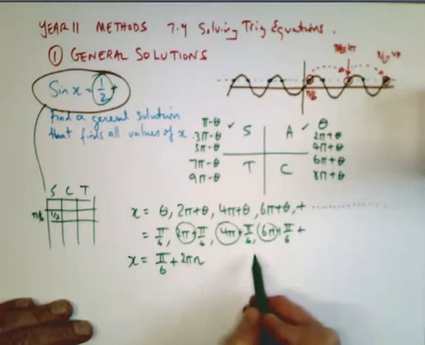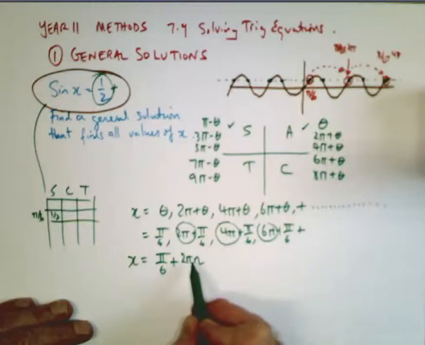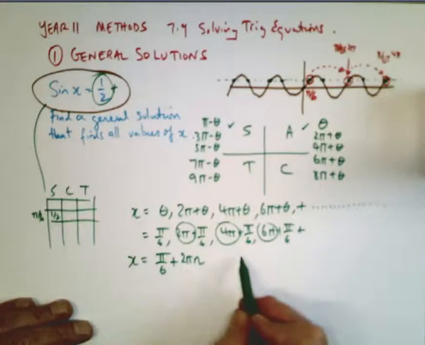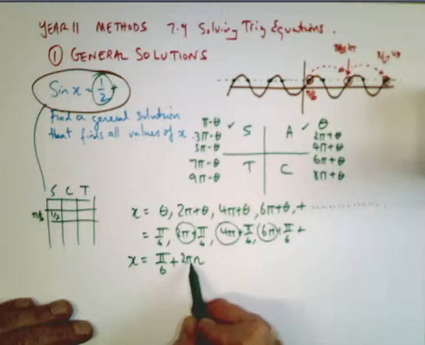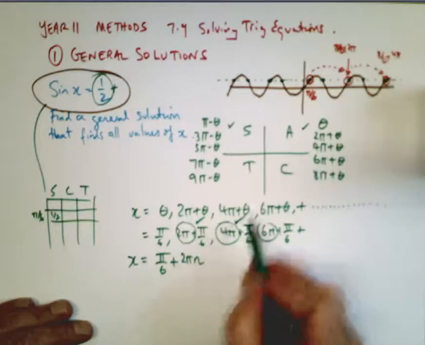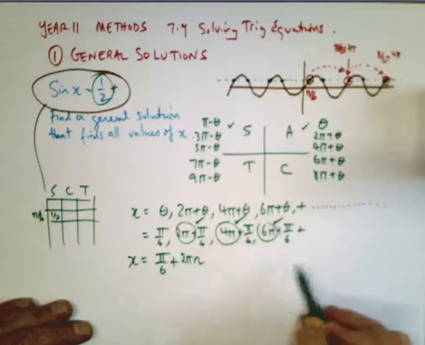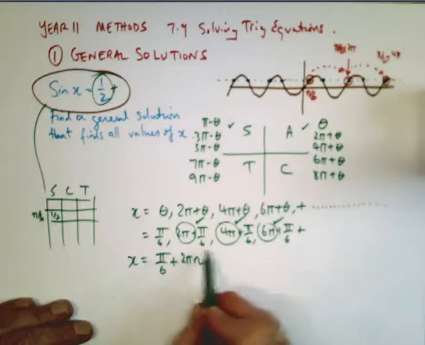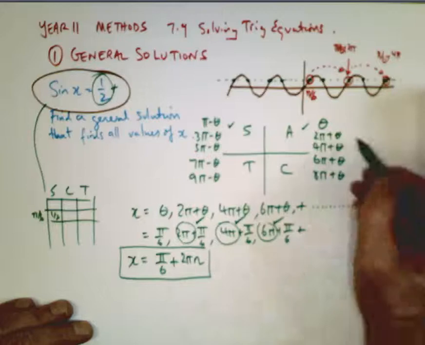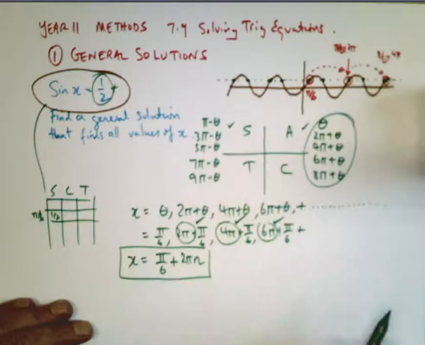When n is 0, that's 2 times nothing, so pi on 6. When n is 1, 2 times pi times 1 is 2 pi, that gives me that answer. When n is 2, I get that answer. When n is 3, I get that answer. Okay, so that's half of the general rule. That finds all of these answers.